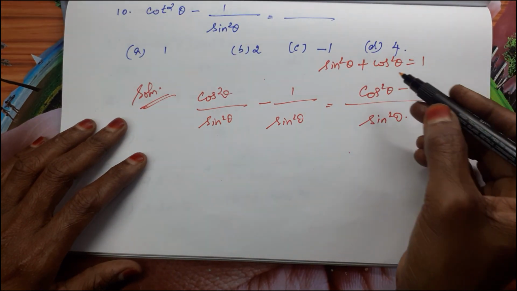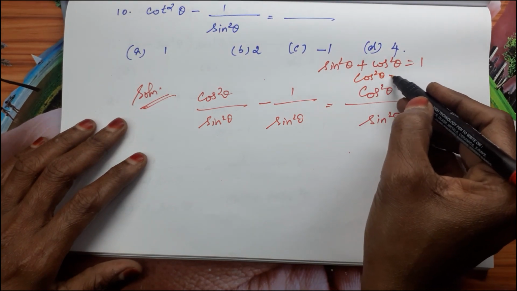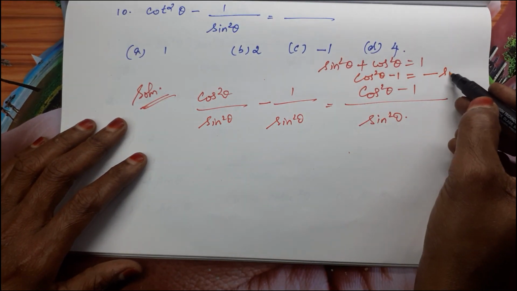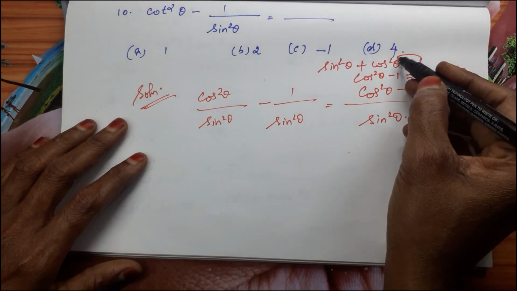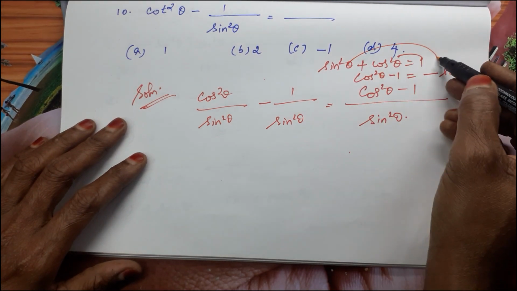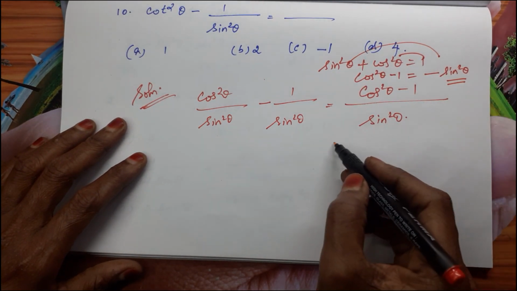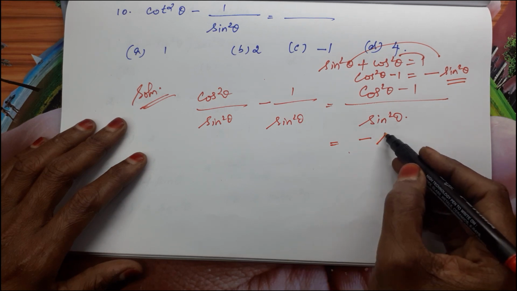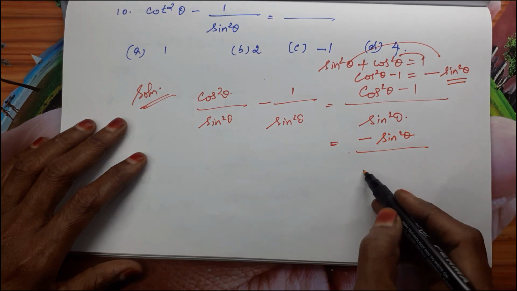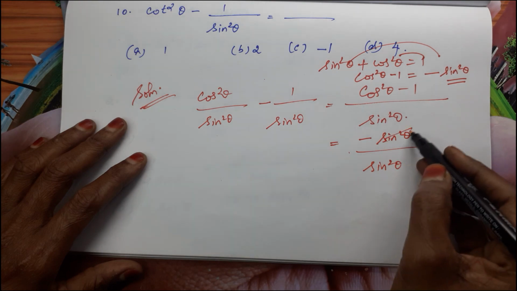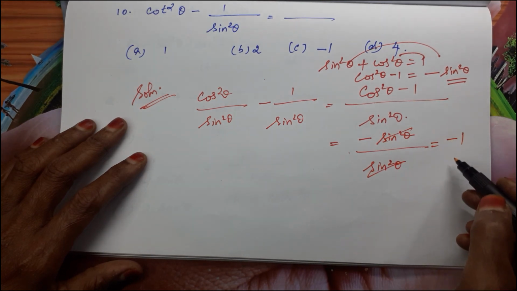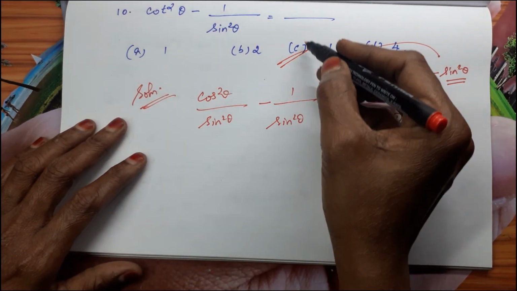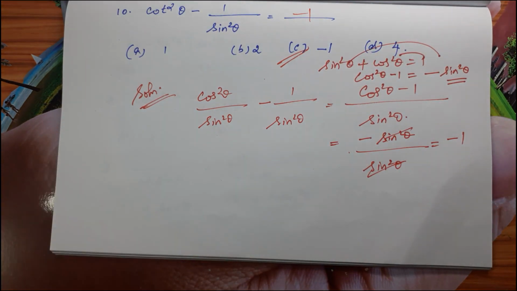We take this to the other side. So cos squared minus 1 equal to minus sine squared. Taking 1 to this side, so it is minus 1. Taking sine squared to the other side, it is minus sine squared. So cos squared minus 1 is minus sine squared by sine squared. Cancellation. Finally, we are having minus 1. So the answer for this problem is minus 1.